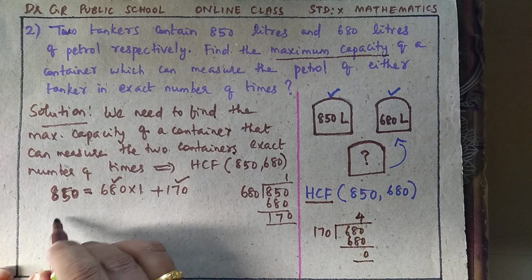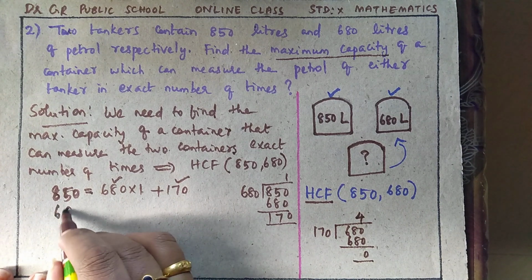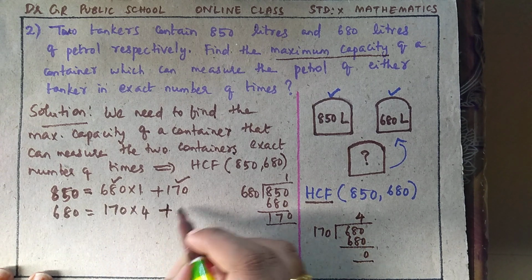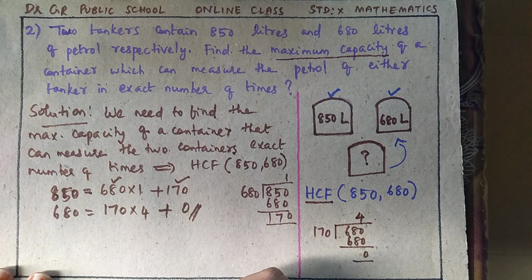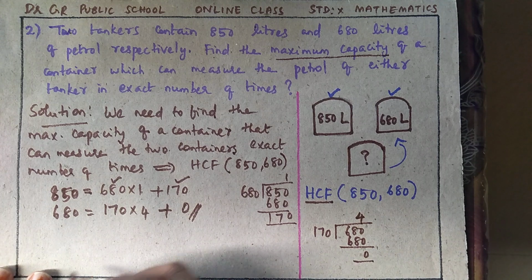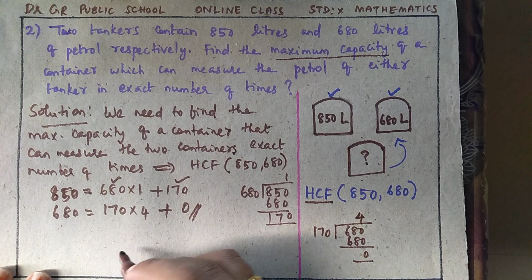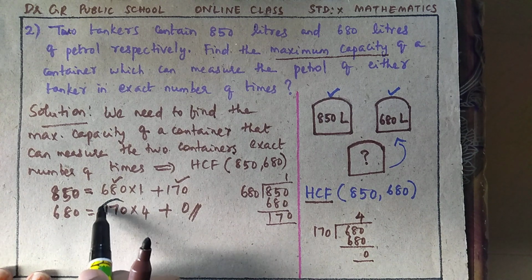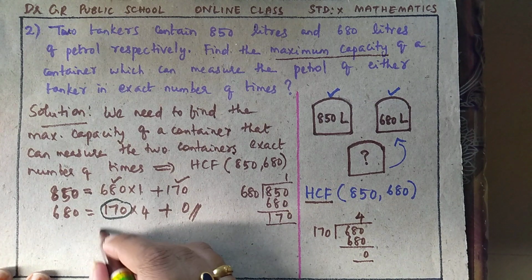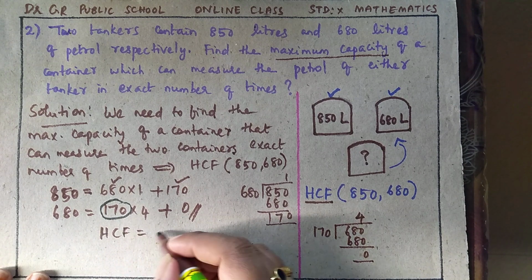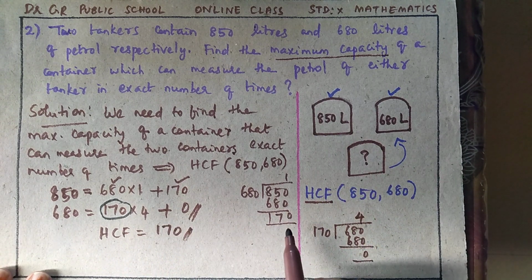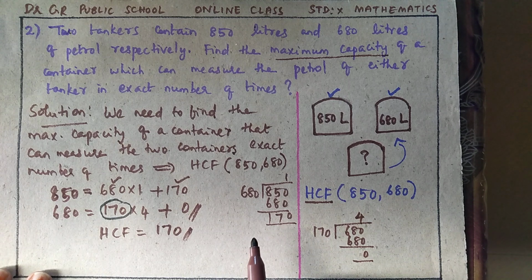So we can write 680 equal to 170 into 4 plus 0. So we got the remainder 0. That means our new HCF is 170. So HCF is equal to 170 for the two numbers. So how will we conclude the problem?